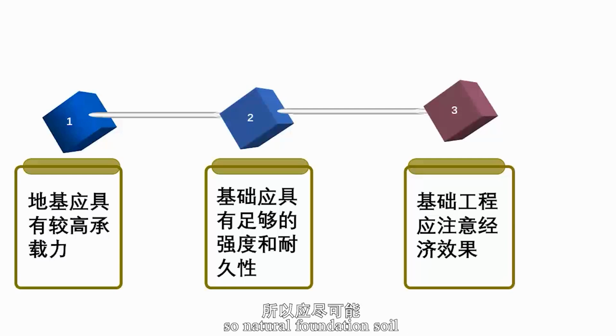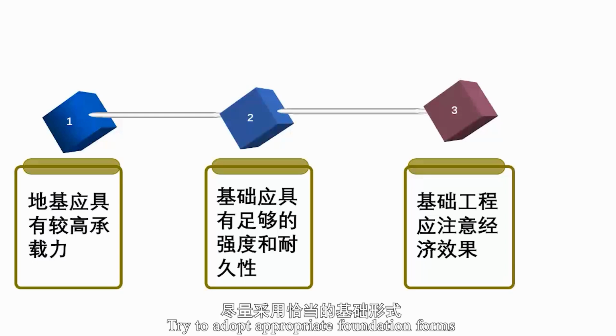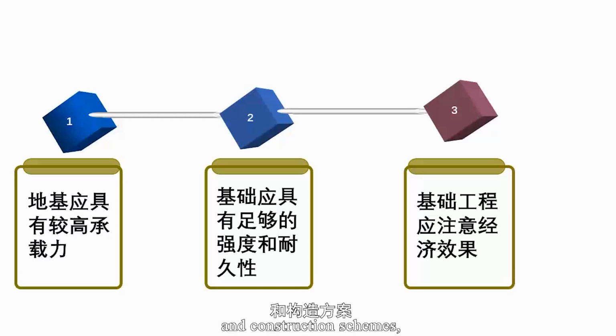So natural foundation soil should be selected as much as possible to reduce costs. When the location does not allow for selection, try to adopt appropriate foundation forms and construction schemes, source materials locally, and save transportation costs to save project investment.